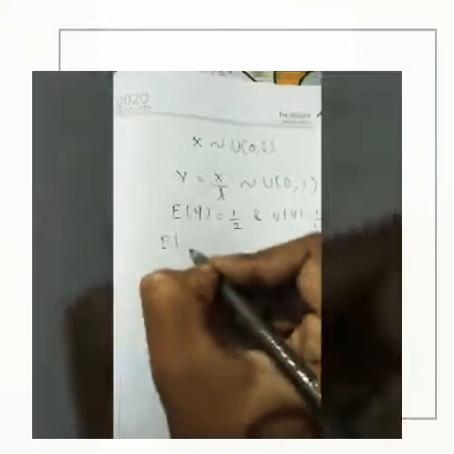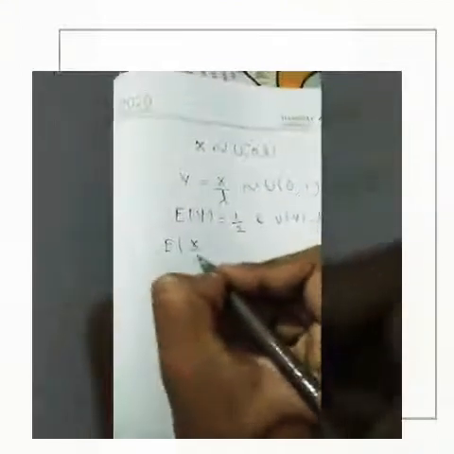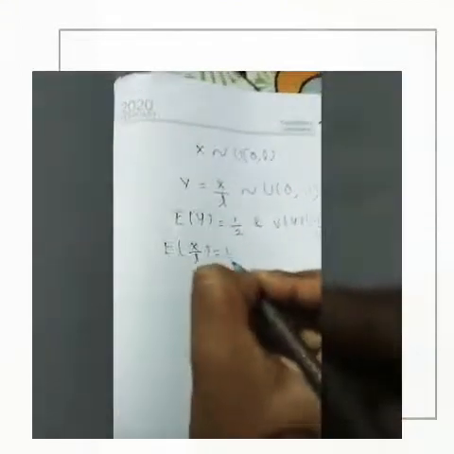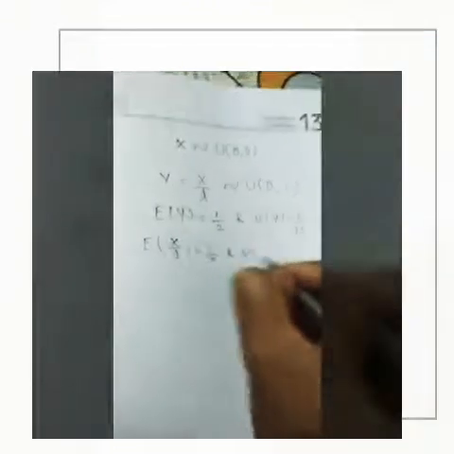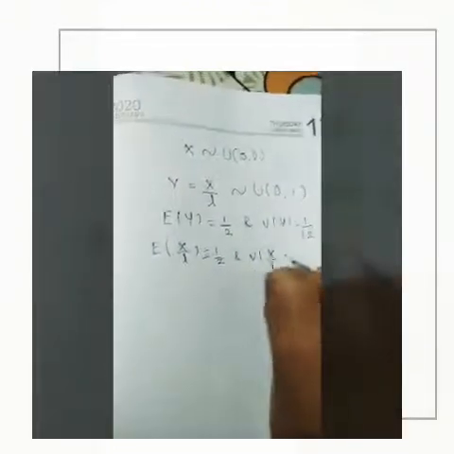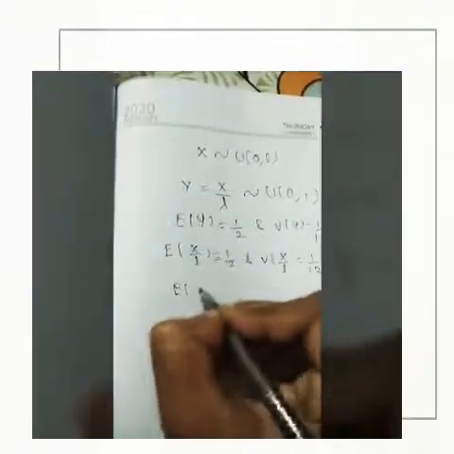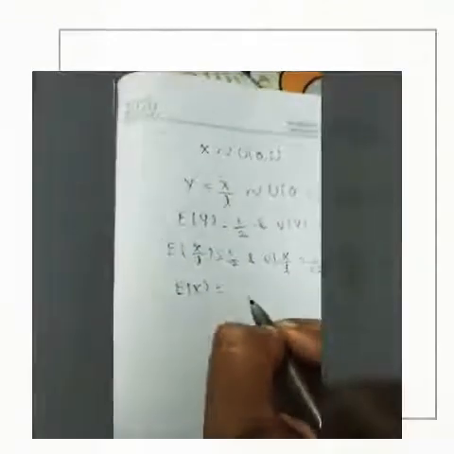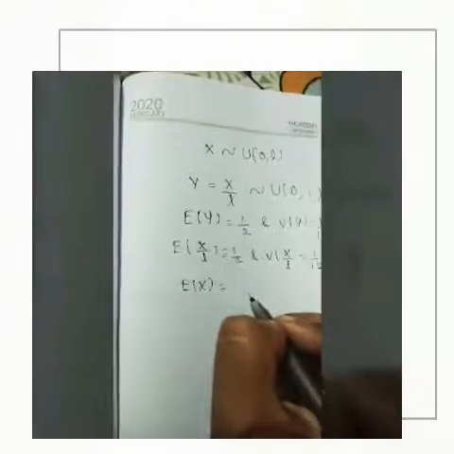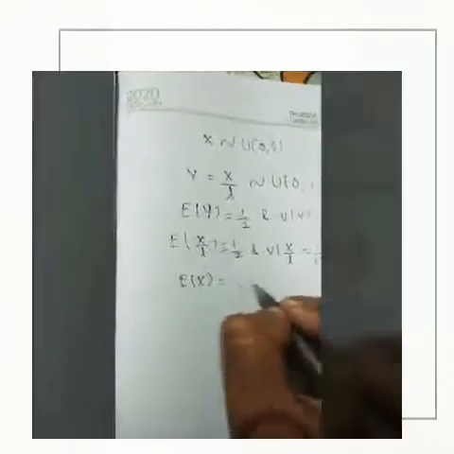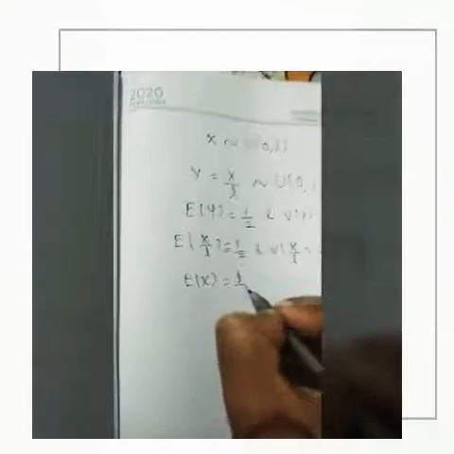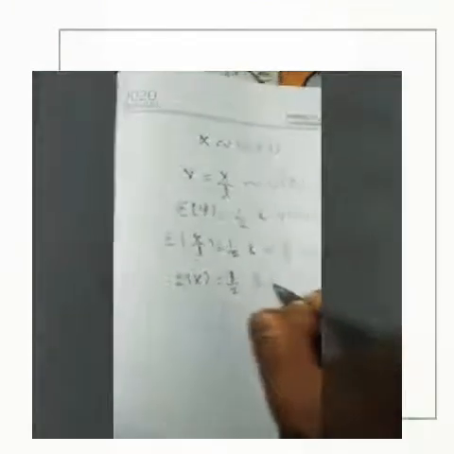So expectation of x by L is equal to 1 by 2 and variance of x by L is equal to 1 by 12. So expectation of x, that is the expectation of the minimum or shorter of the two pieces, is equal to L by 2.